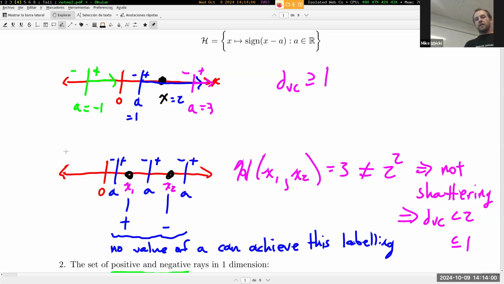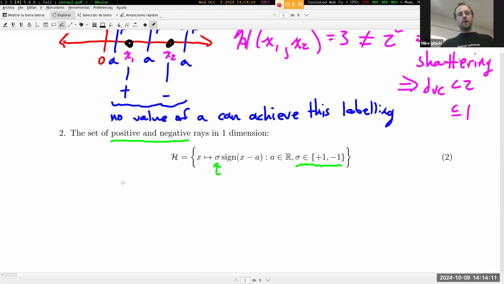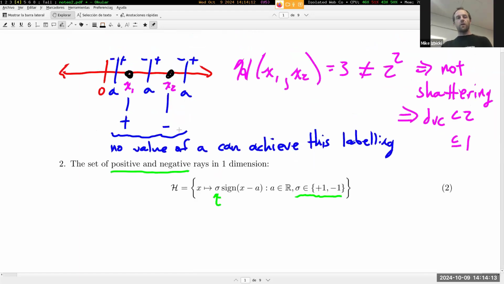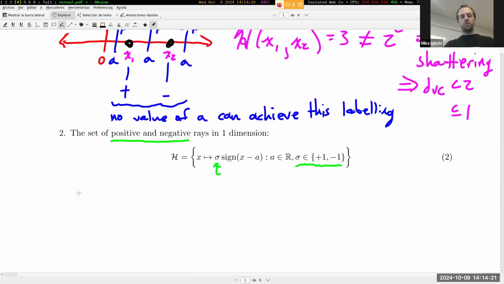So here the VC dimension is 1. We know that because of this bound that we've provided, greater than or equal to 1, less than or equal to 1. Down here, I won't work through all the details, but what's going to happen is that we will now be able to shatter this particular data set, but we will not shatter any n equals 3 data set.